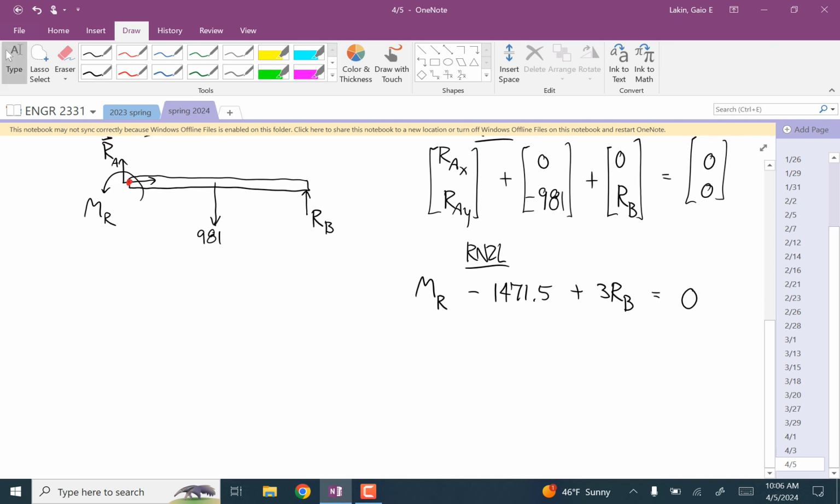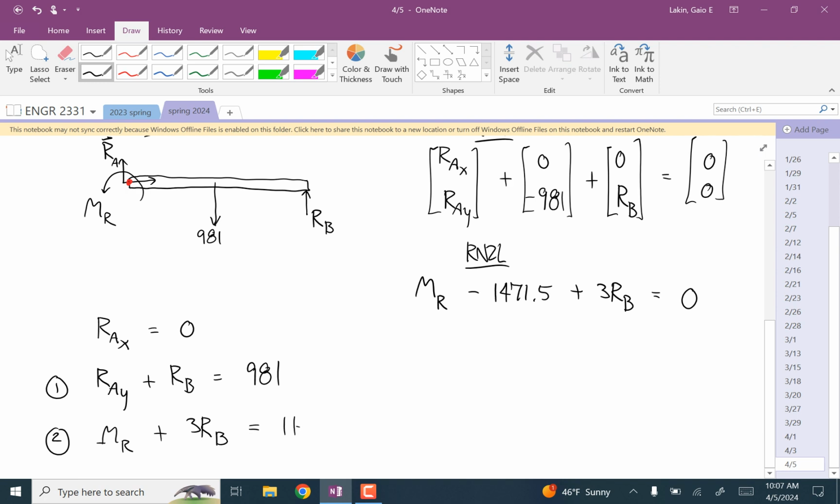Okay, so RAX is equal to 0. And then we have these two equations that we can't solve yet. RAY plus RB is equal to 981. And MR plus 3RB is equal to 1471.5.